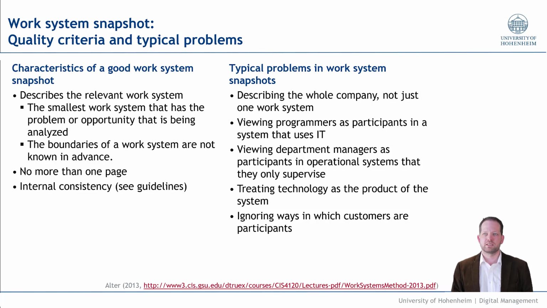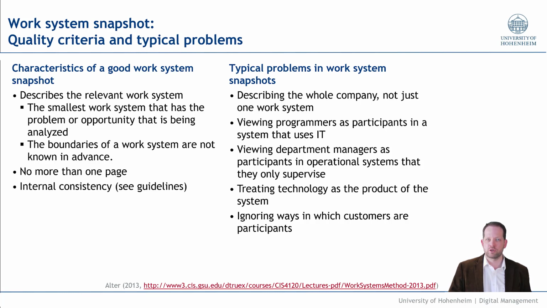Viewing programmers as participants in a system that uses IT is another typical problem. Viewing department managers as participants in the operational system, although they only supervise it, is another typical problem. Treating technology as a product of the system is another problem. And ignoring ways in which customers are participants is another typical problem.